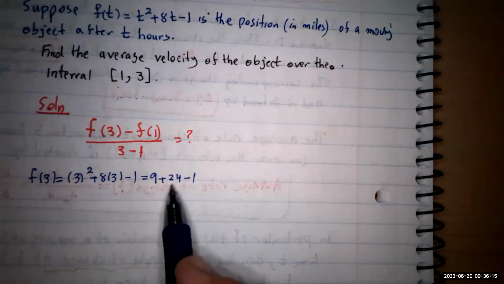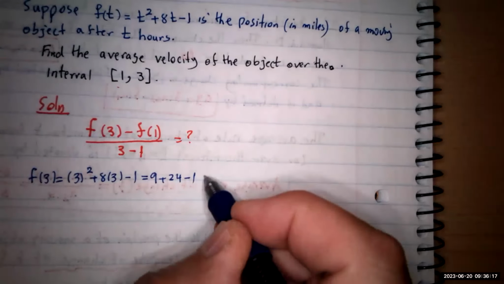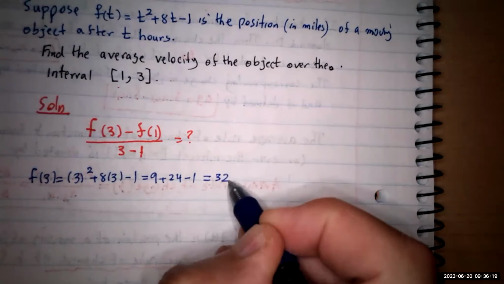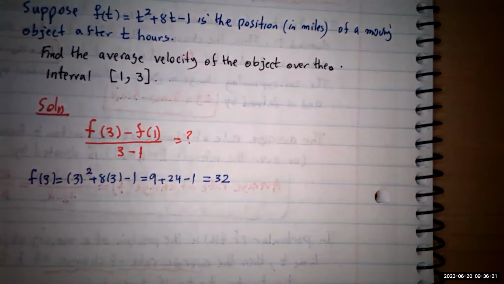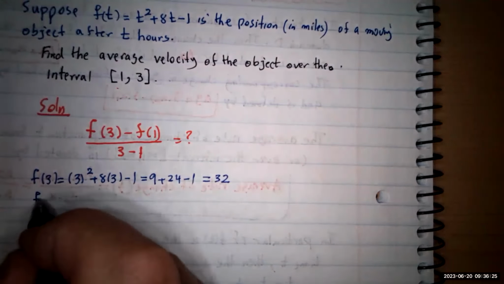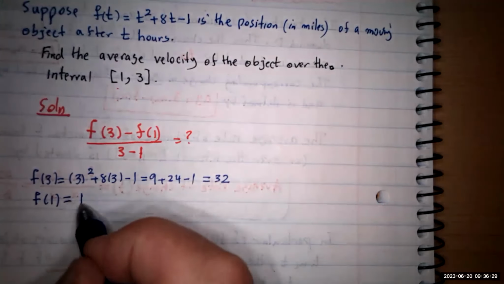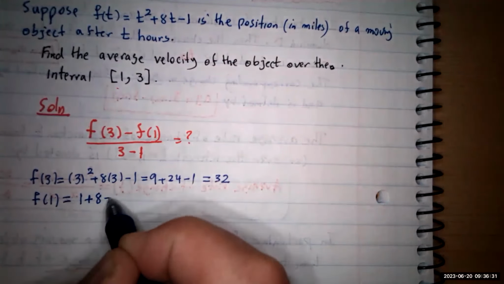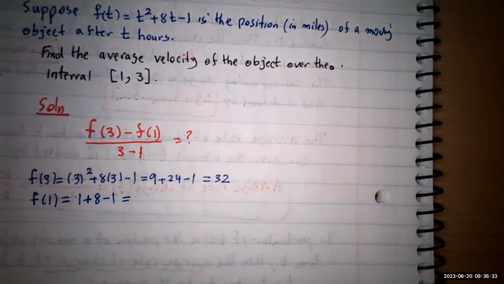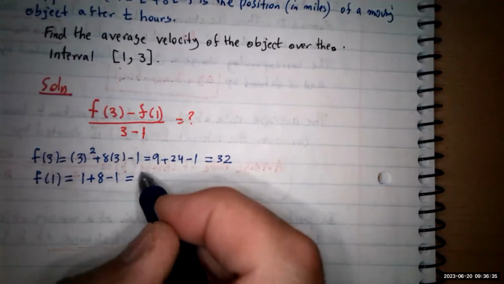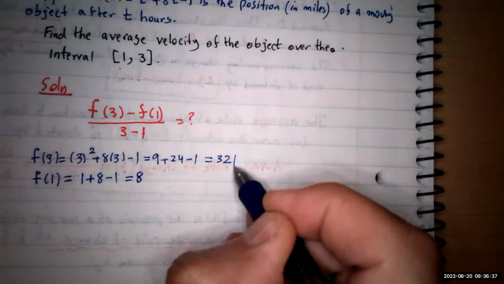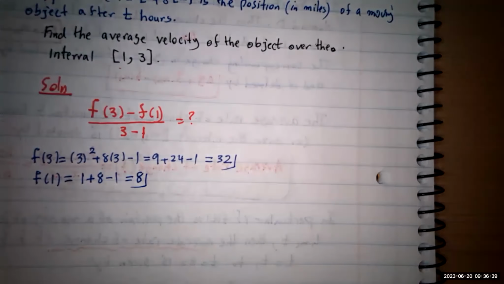So that gives you 8 plus 24, 32. So that's going to be f of 3. Then we find f of 1. Substitute, so it's going to be 1 plus 8 minus 1. We simplify that, it gives us 8. So I have the 32, I have the 8.